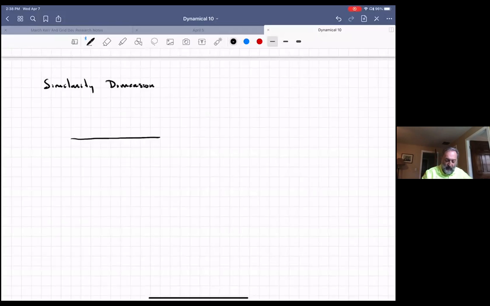So let's see if we can do this game. What is the thing that I'm trying to build? The von Koch curve.